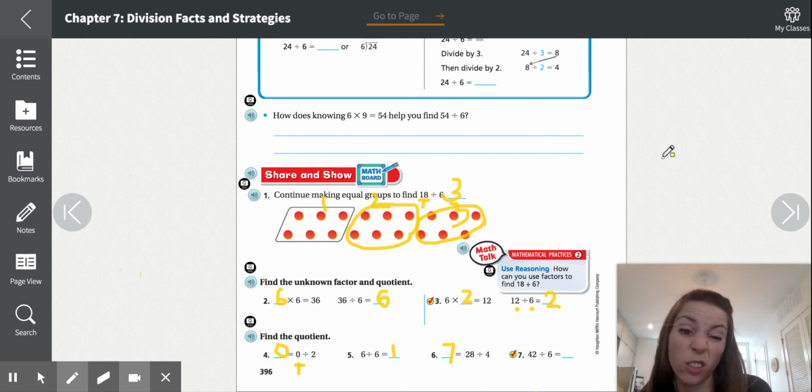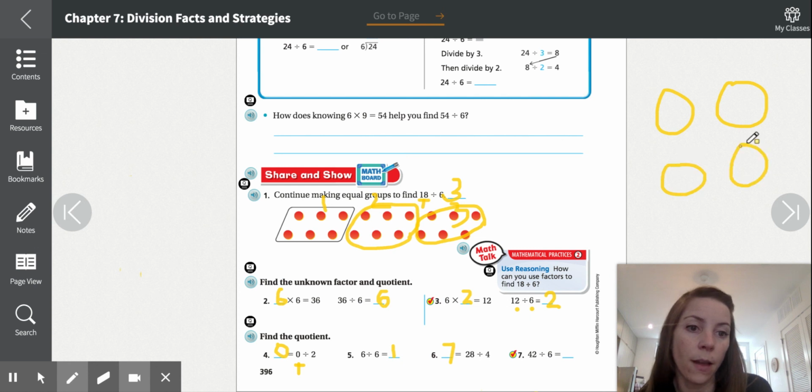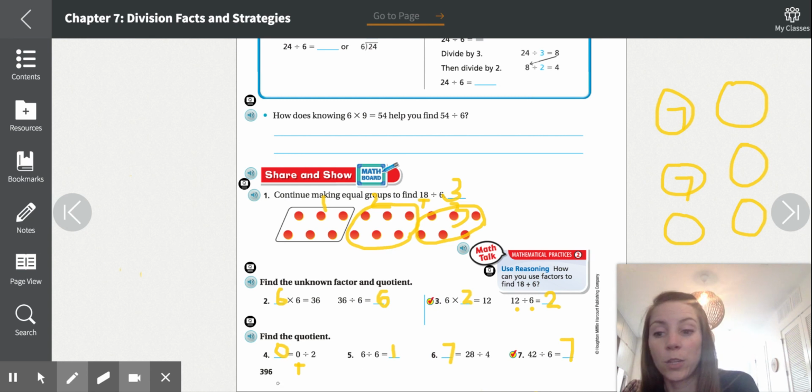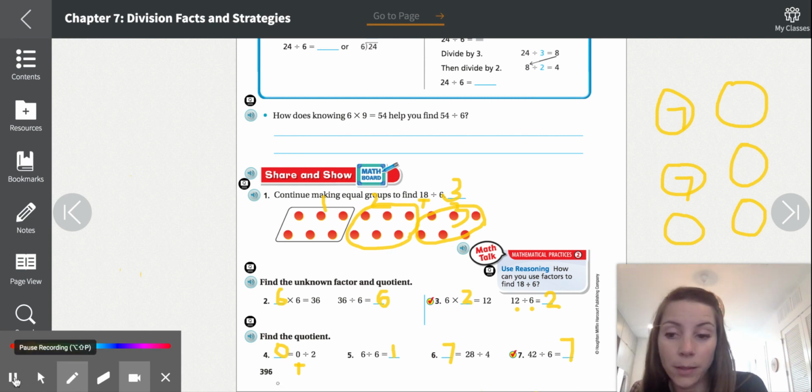Maybe I'll do circle groups instead. I'll do 4, 5, 6, and I'll pass them out one at a time until I get to 42. And if you do that, you should get 7 in each. So 42 divided by 6 is 7. But again, if you know your multiplication facts, you would have known that 6 times 7 is 42. Okay, so you can pause that and we'll move on to on your own.